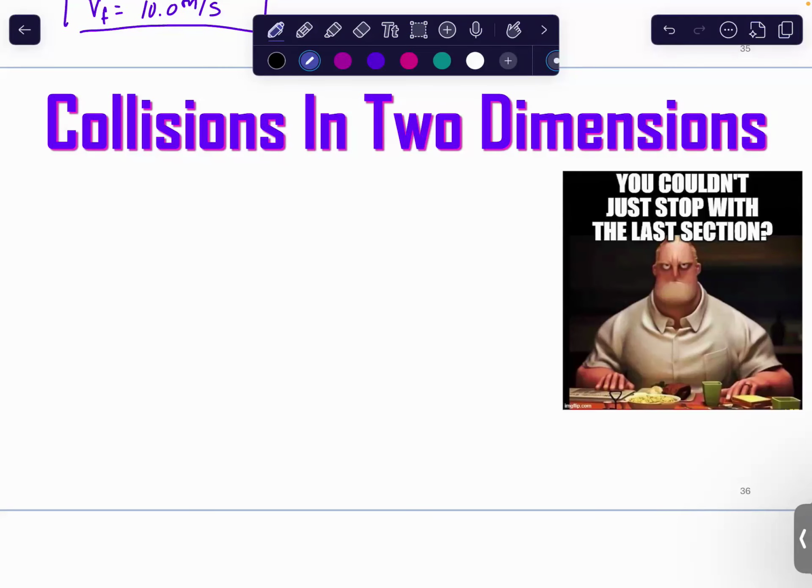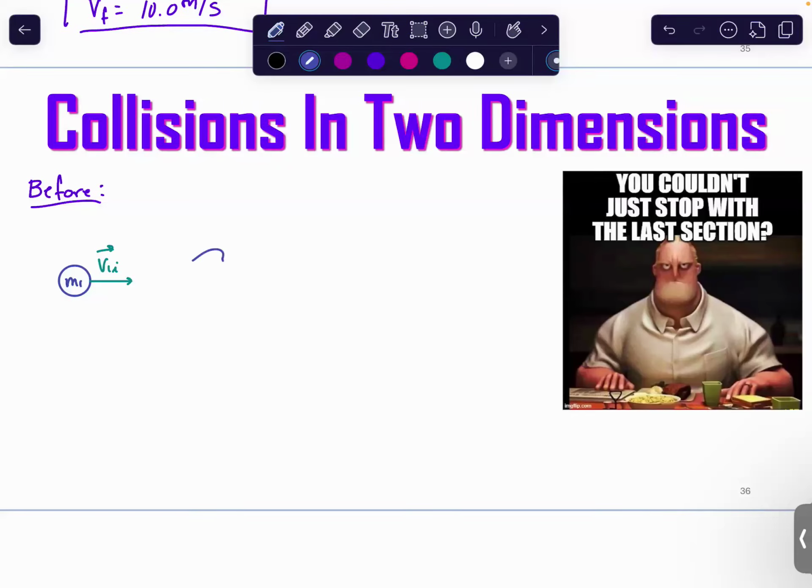Okay, so let's say that before our collision, we're going to have mass 1, and it's moving with some velocity.